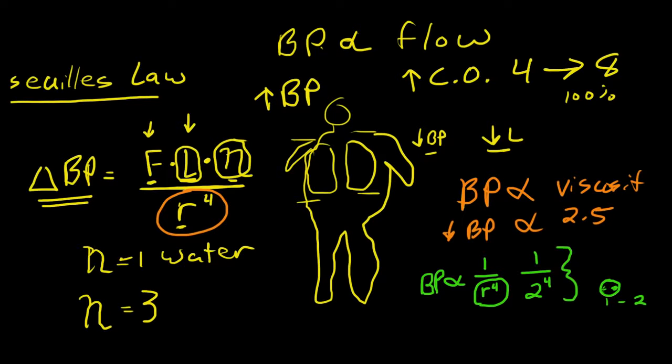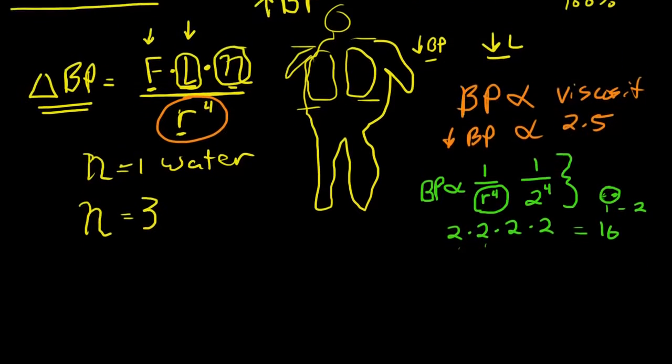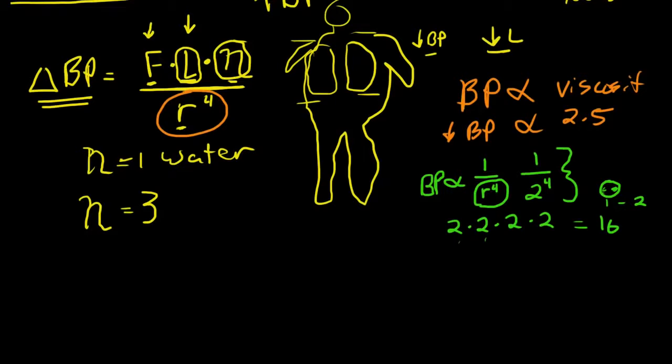You are going to decrease blood pressure by 2 to the fourth power. Now, it may be a while since you've done your high school math, so 2 to the fourth power means 2 times 2 times 2 times 2, 4 times, and that equals 16. So by doubling the diameter of a blood vessel from 1 centimeter to 2 centimeters, you will decrease blood pressure by a factor of 16.